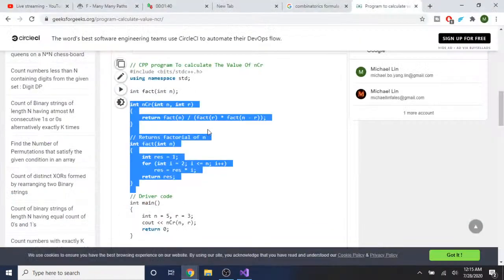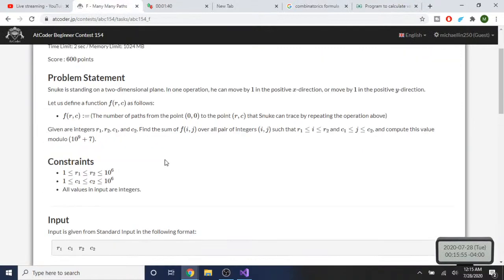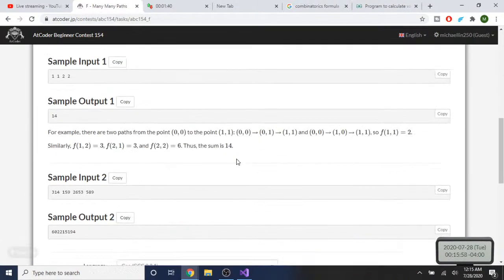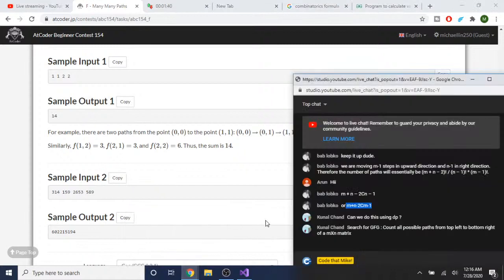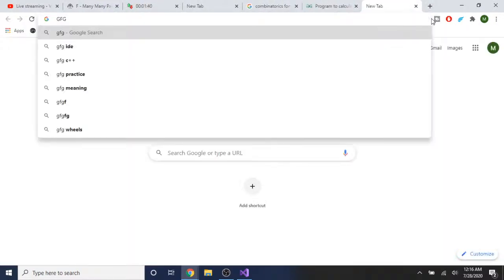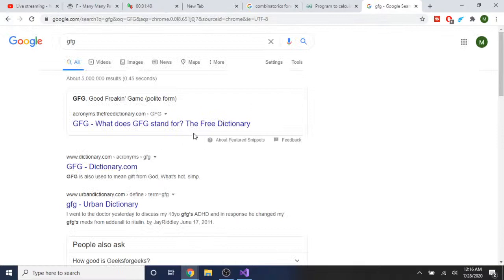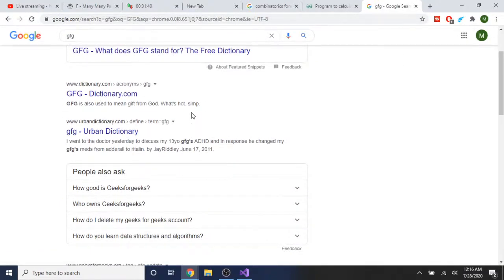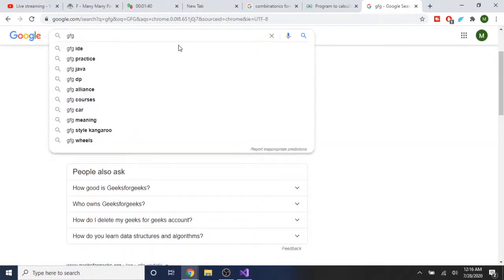So going back to here, how many paths? Let's try this. GFG. All right, thanks. What is GFG? Oh, I typed in the wrong one.